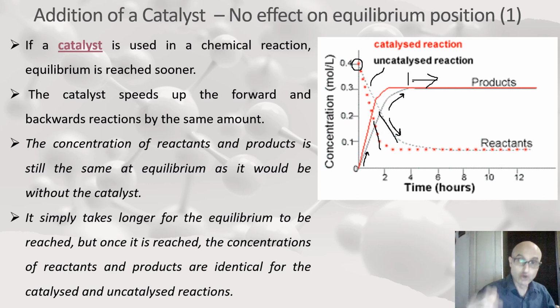Likewise, if you look at the reactants, the dotted red line shows you that for the catalyzed reaction, the drop off in the concentration is steeper than for the dotted gray line, which represents the drop off in the reactant concentration for the uncatalyzed reaction.